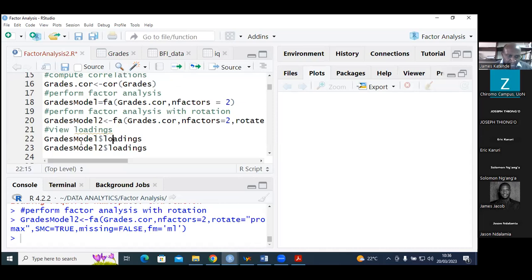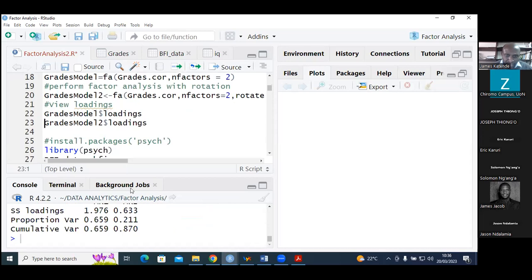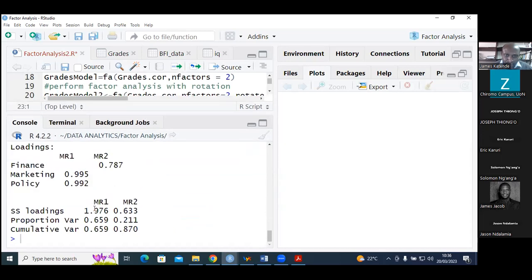But after we have done that, we can access the loadings. The loadings tell us how to get the factors. We already saw that in the demonstration. So these are the loadings. You can see marketing and policy have very high loadings on this first factor. So we will assume that's a factor that covers a verbal or qualitative ability, and finance is separate in the second factor.